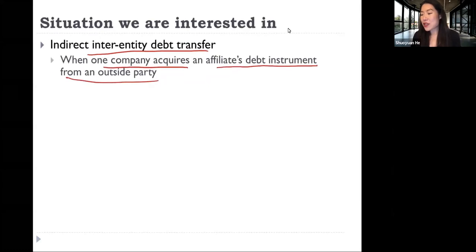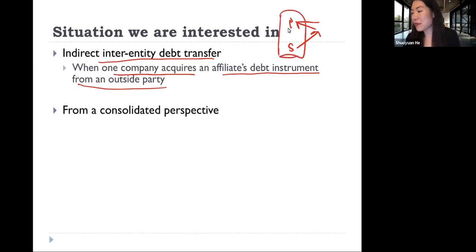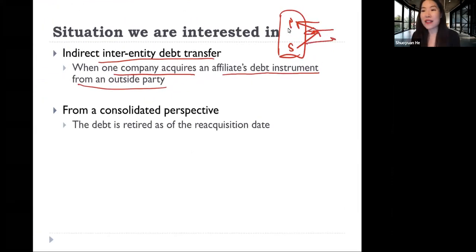So what is essentially happening here, from the consolidated perspective, is that if the subsidiary issued the debt and the parent bought it, and you view the parent and subsidiary as one firm, it's basically you issue the debt and then you retire the debt yourself, right? So the debt is retired as of the reacquisition date. That is if you view two firms as one firm.